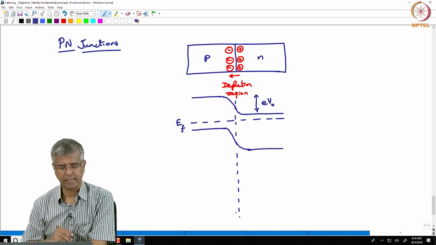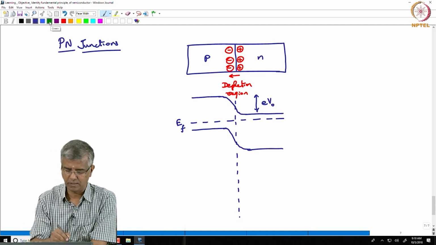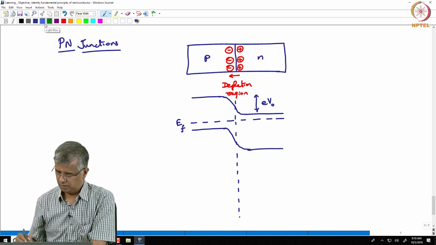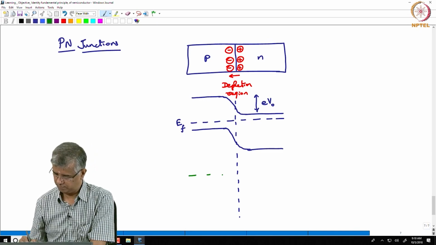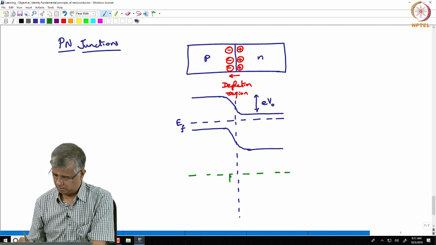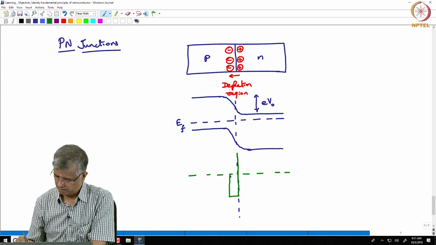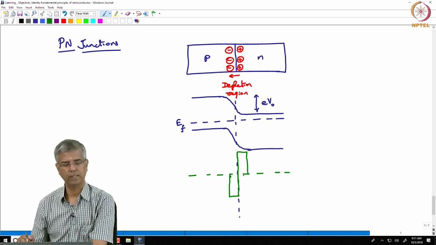let us say you are tracking the charge density. Okay. So the charge density is negative charge density on this side, and then that is going up to positive charge density on the other side, right.